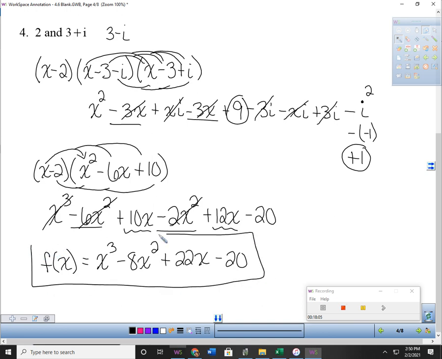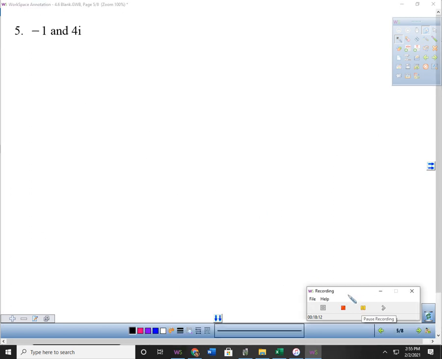And we said that in the end we would have a degree of 3, right? So we have negative 1 is one of our zeros, and 4i, and so the other one would be negative 4i. So I've got x plus 1, x minus 4i, and x plus 4i.